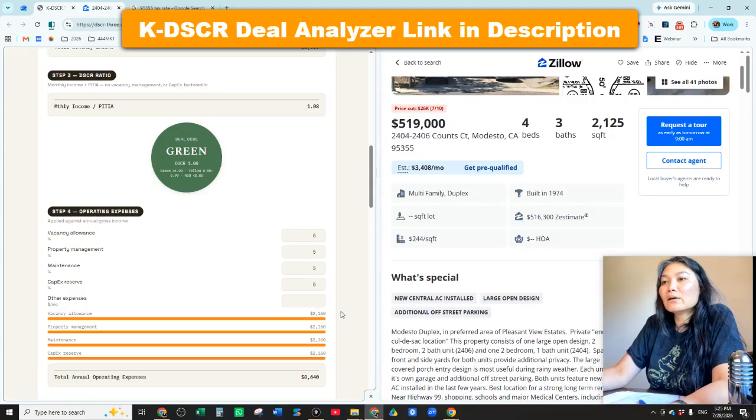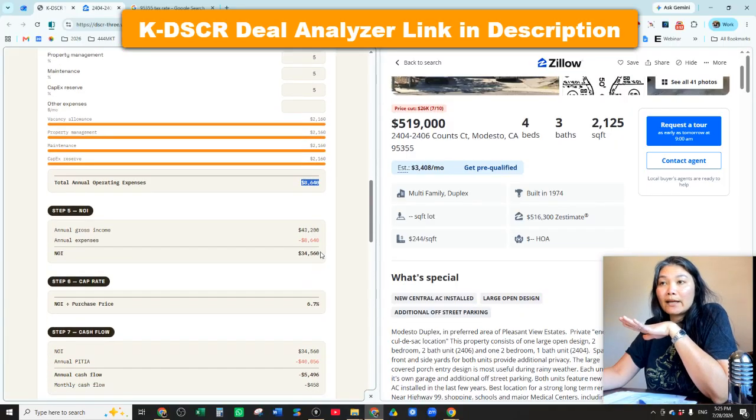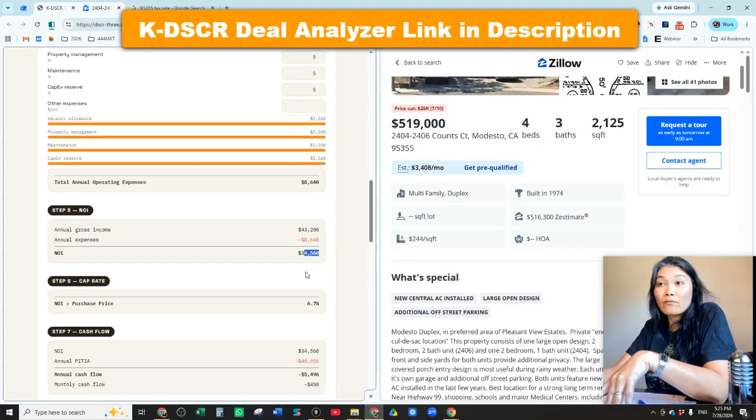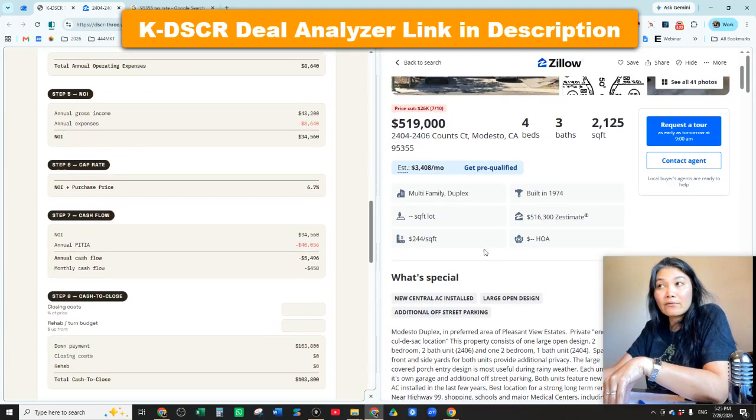Others, assume none for now. So per year, operating expenses are 8,640 on top of the mortgage. Subtract that from your gross income and you get NOI, net operating income, of 34,560. Cap rate is 6.7, which is not bad for these conditions.